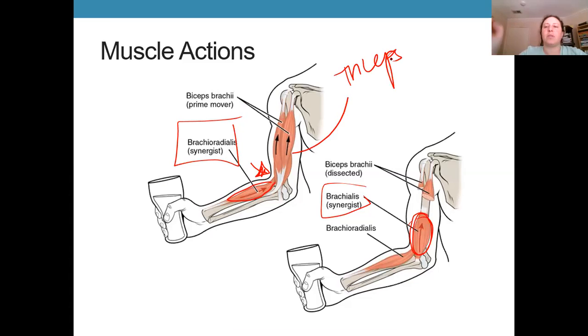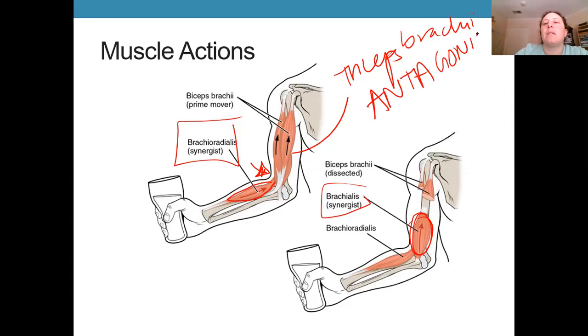So the triceps, which is located on the opposite side of the arm, the triceps brachii, is the antagonist in this action. So when you're flexing at the elbow, you're using these muscles to move your arm. And this muscle, when it's allowed to act, extends at the elbow. So when we're flexing, this muscle can work a little bit to help control that movement.